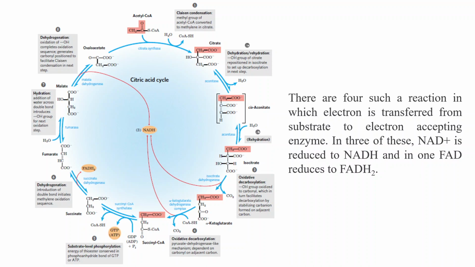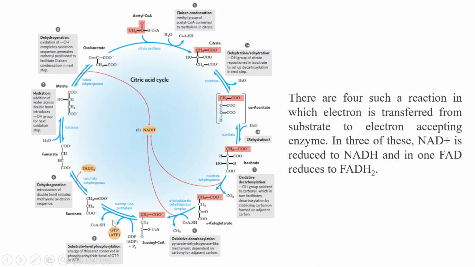This is the final oxidation step. From glucose till carbon dioxide and water, you can see how the whole oxidation is happening. Here one H2O is released, here one CO2 is released, here one CO2 is released.